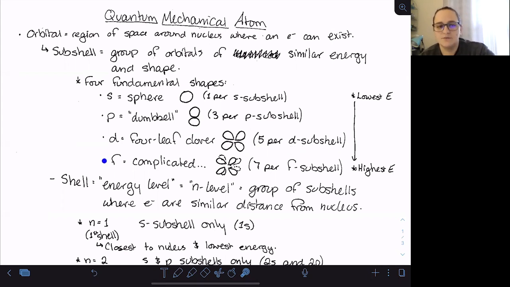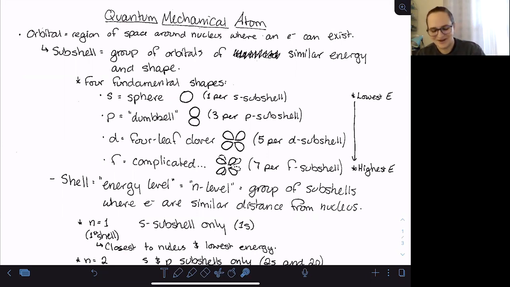And then last but not least, we have the F orbital, whose shape is best described as complicated. Many of them are like 2 D orbitals back to back, essentially 8 balloons pointing towards the corners of a cube. But there are a few other shapes as well. Essentially, don't worry about it.